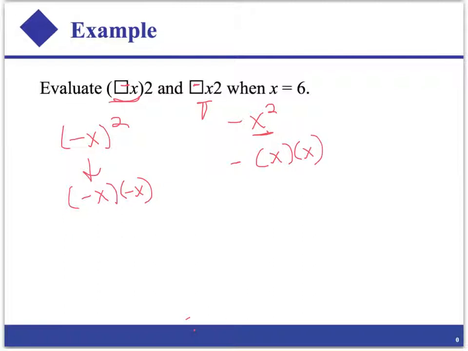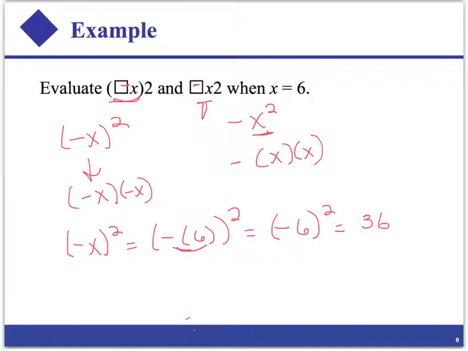So let's work the first one. Negative x squared. We're going to plug in a 6. So you get negative. See how I put it in parentheses? This becomes negative 6 squared, and it becomes positive 36.